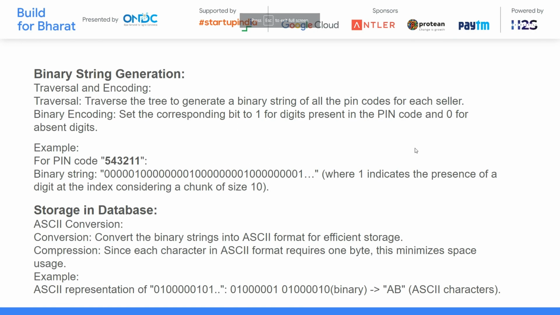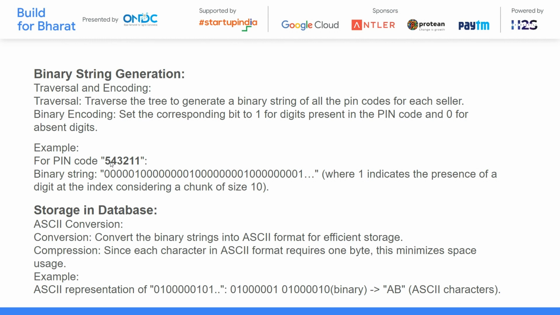So the next step is binary string generation. The tree which we generated in the previous step, we will traverse it and generate a string which will have zeros and ones only. For the first level, that was 5 in the previous case, we will create a string of length 10 with all zeros, and we will mark the fifth index as 1. All the other indexes are zeros.